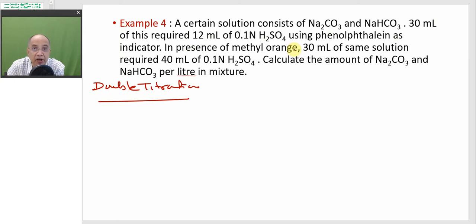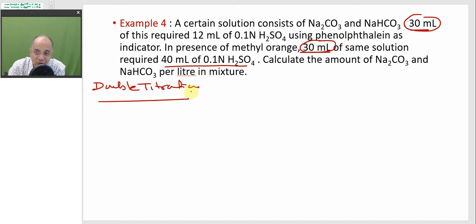In presence of methyl orange, that means separate, 30 ml of the same solution required 40 ml of 0.1 N H2SO4. Here 12 ml and here 40 ml. But the quantity of the analyte is same.